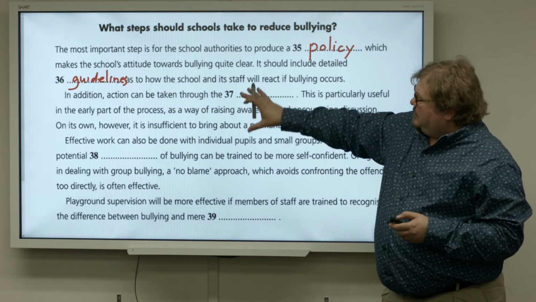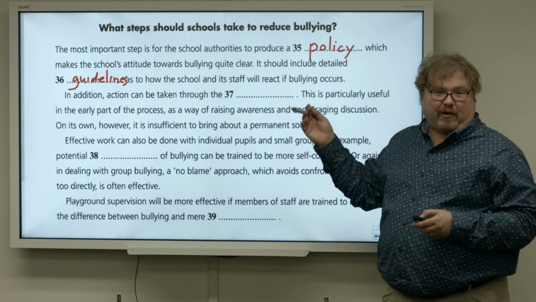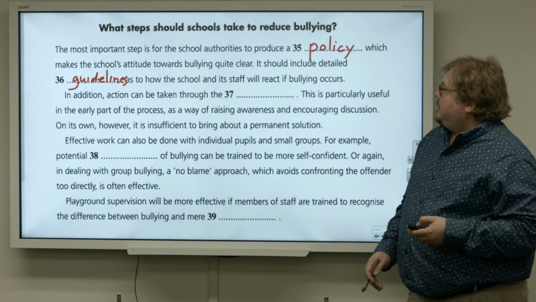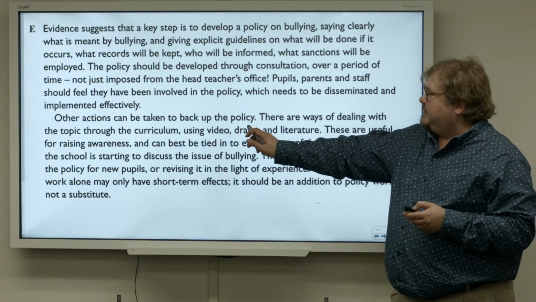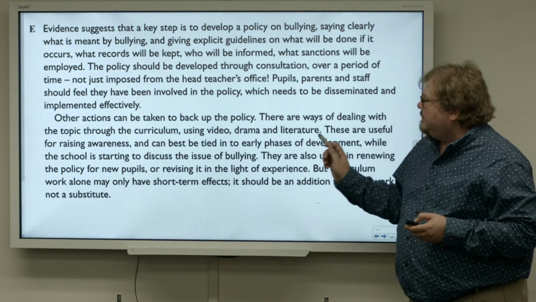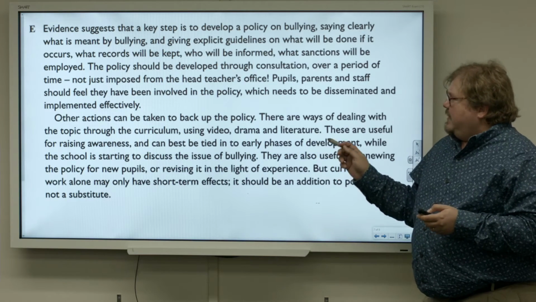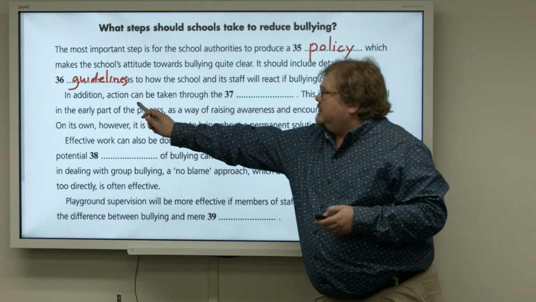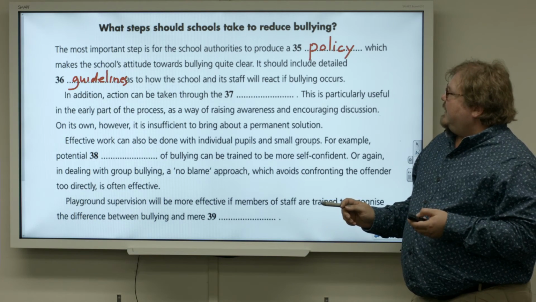Okay, so we've got a new paragraph here. We can guess the next answers are probably in the next paragraph in the reading too. So if we jump down to here, other actions can be taken to back up the policy. There are ways of dealing with the topic through the curriculum, using video, drama, and literature. Action can be taken through the, yeah, so we just saw that.